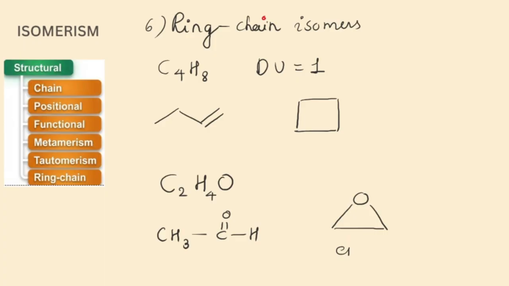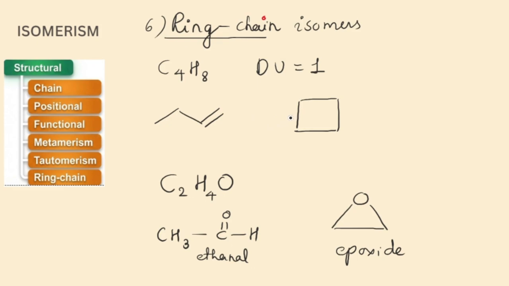This is called an epoxide. It is a cyclic ether called an epoxide. And what is the relation between them? They are nothing but ring chain isomers. Of course, the functional group itself is different, but the main difference is this is an open chain and this is cyclic. So in that case, they are ring chain isomers.